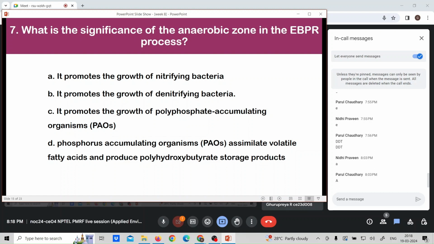Ma'am, enhanced biological phosphorus removal. Right. EBPR stands for Enhanced Biological Phosphorus Removal.